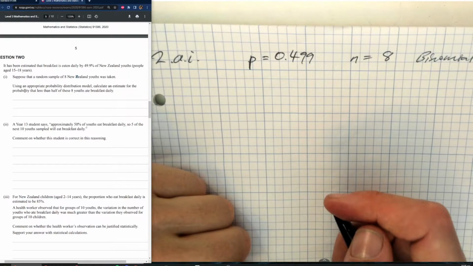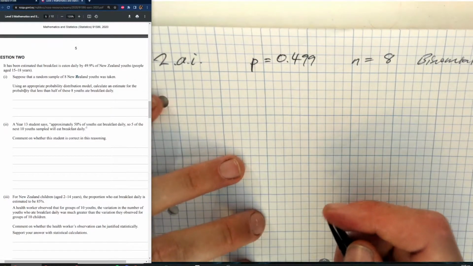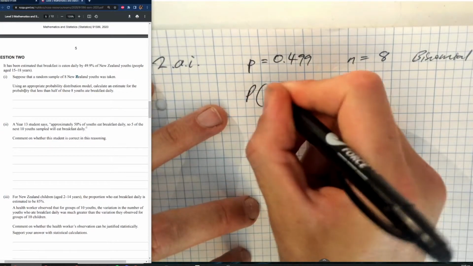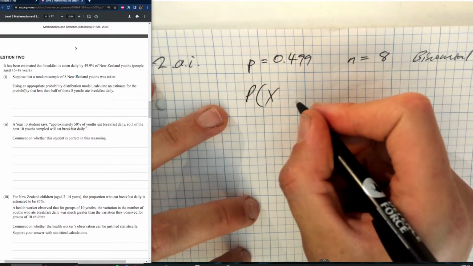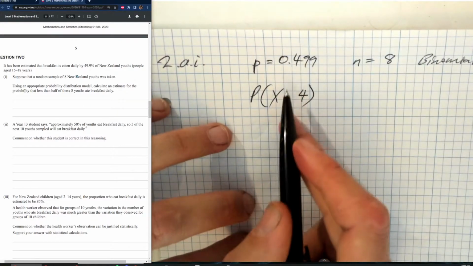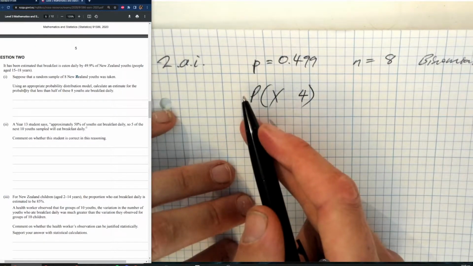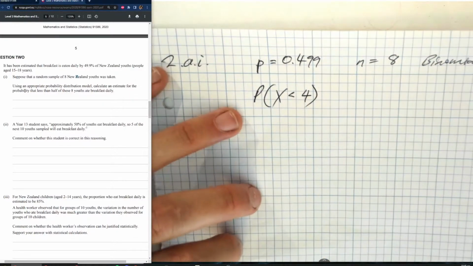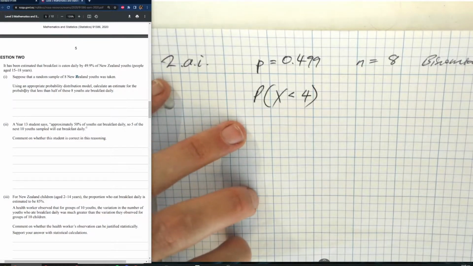Calculate an estimate for the probability that less than half of these 8 youths ate breakfast daily. Half of 8, 8 over 2, is 4, so it's going to be P(X < 4). That was pretty straightforward.